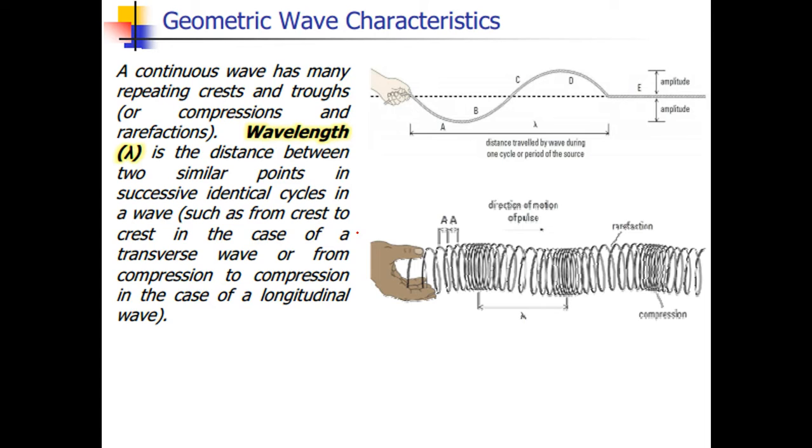In the case of the longitudinal wave, it would go from compression to compression or rarefaction to rarefaction, as you can see here. And that should be the symbol for wavelength. It's a bit blurry, but it is.